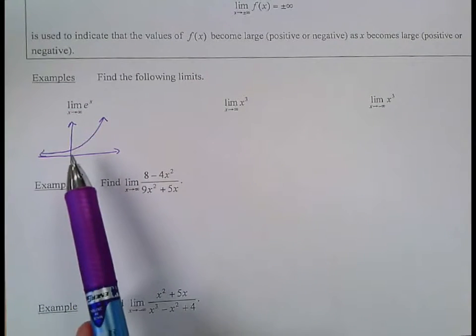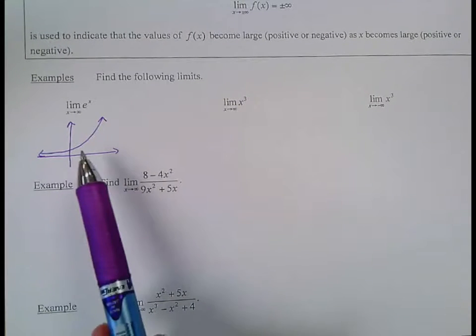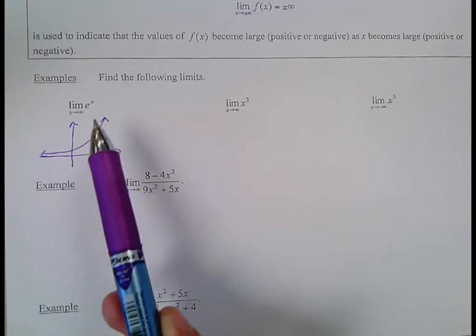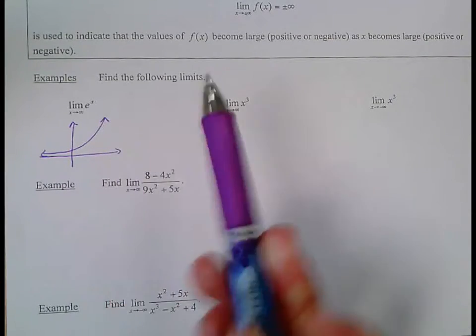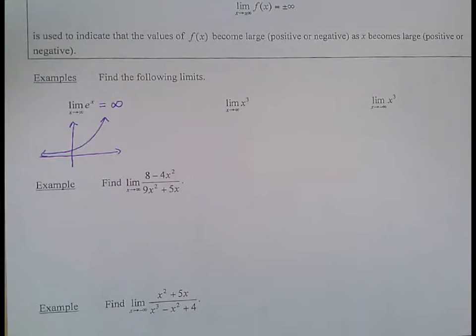As x approaches negative infinity, looking at the leftmost part of the graph, those y values approach 0. If x is approaching positive infinity, your y values become larger and larger, so they also approach positive infinity. That is one example of this type of limit.